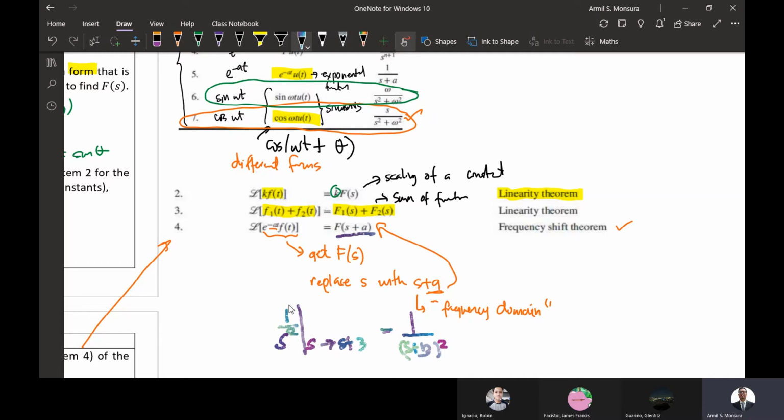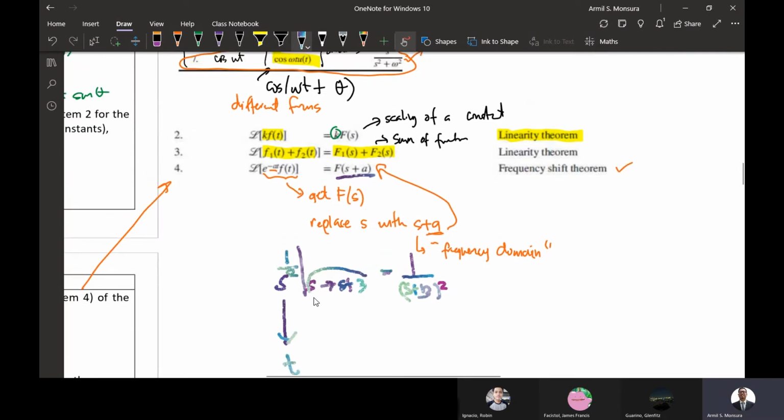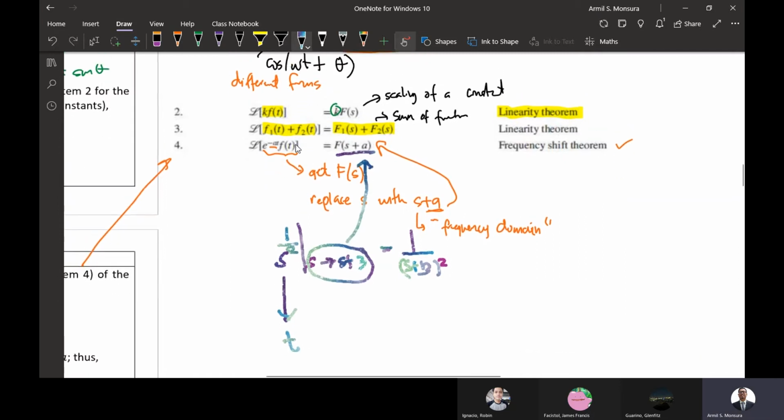Again, magsisimula tayo dun sa inverse nito, sa f of t nito, which nakita sa table 1 na siya ay t. Pero dahil sa ginawa natin to, i-require niya tayo na yung f of t natin nakamultiply nito, nung e raised to negative at.